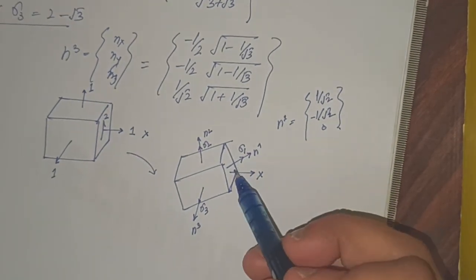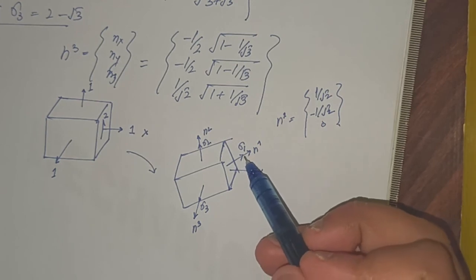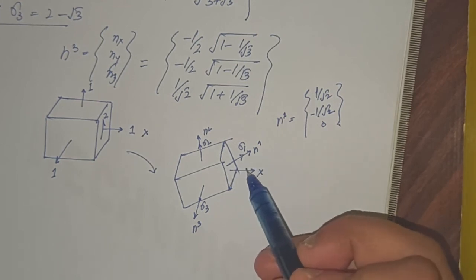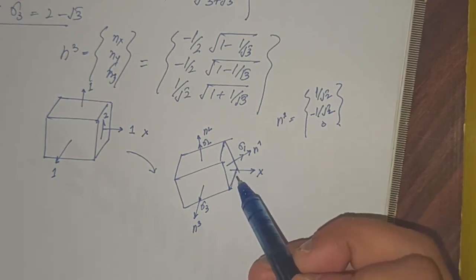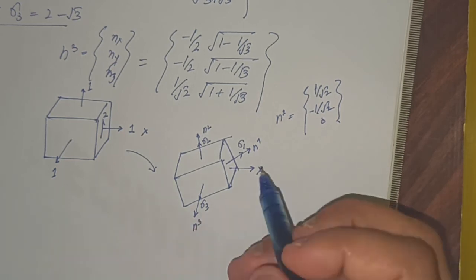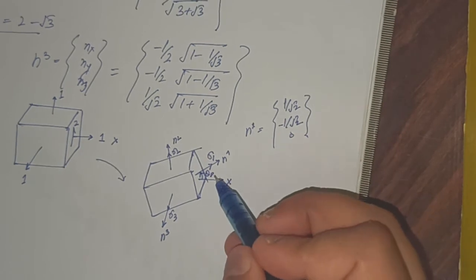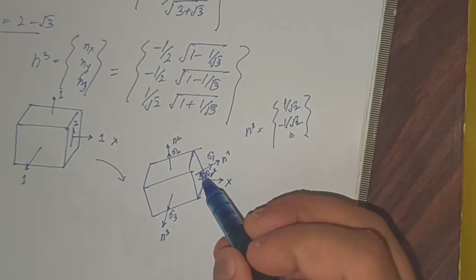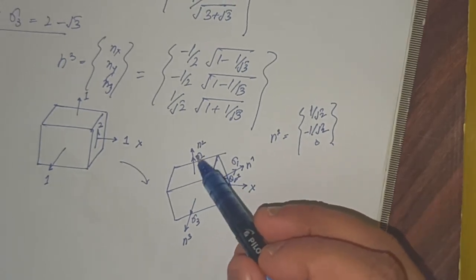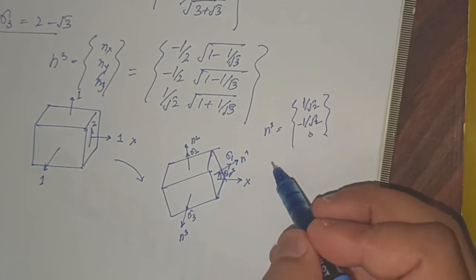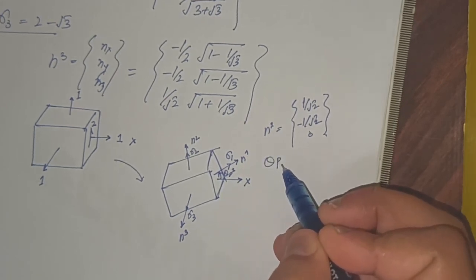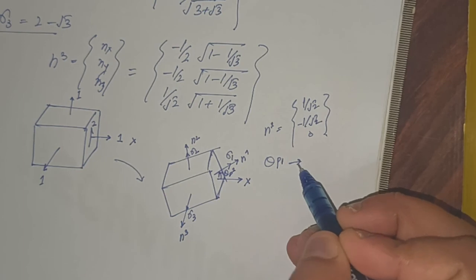And what will be the projection of this vector along the x? If the principal state has been obtained at an angle theta p, let's say this is theta p1, the first orientation, another orientation will be along sigma 2, sigma 3. So theta p1 is your principal orientation.